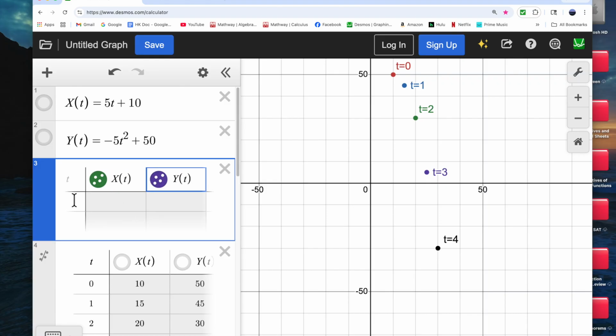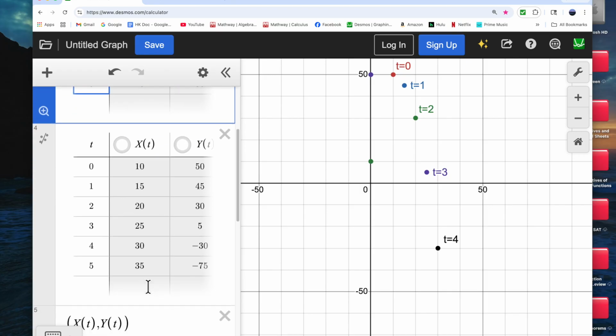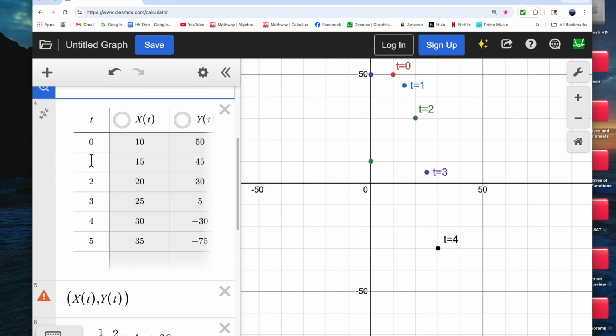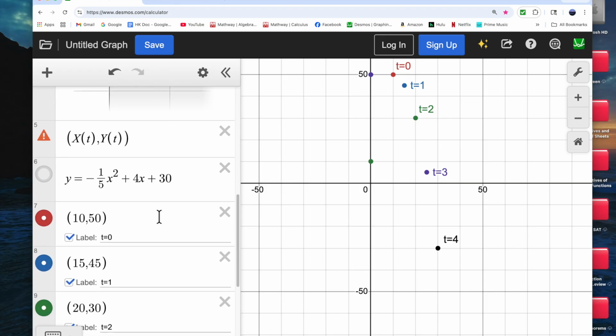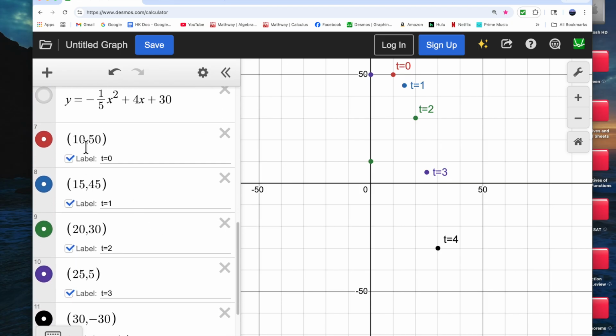And then if you enter values for t, let's start with 0, the table will fill in for you. So I went ahead and did that, and I plugged in t equals 0 all the way through 5, and I got these coordinate points. Then I unhighlighted these, and I went ahead and plotted each of these points with their associated time value.